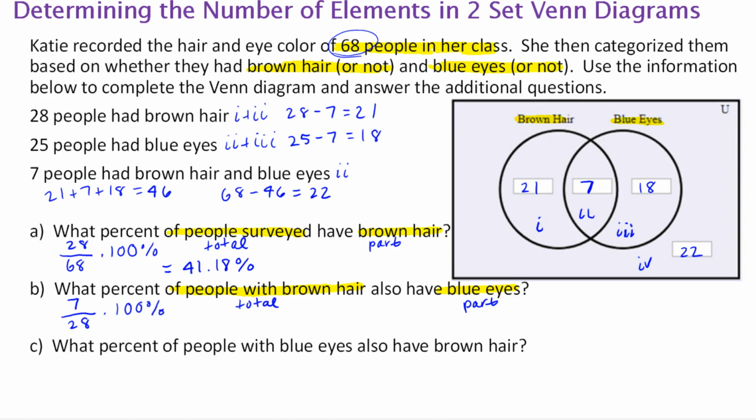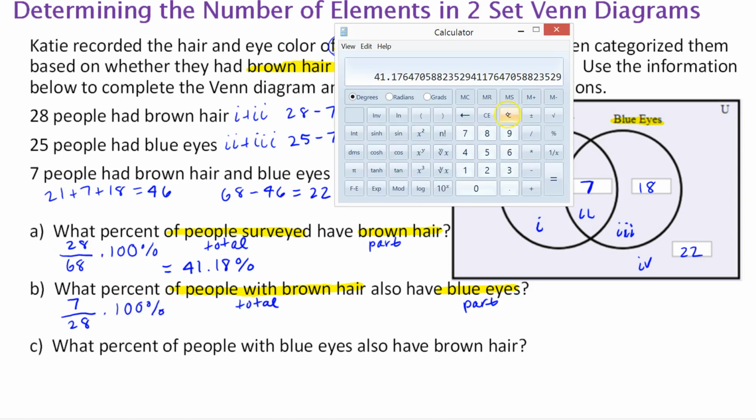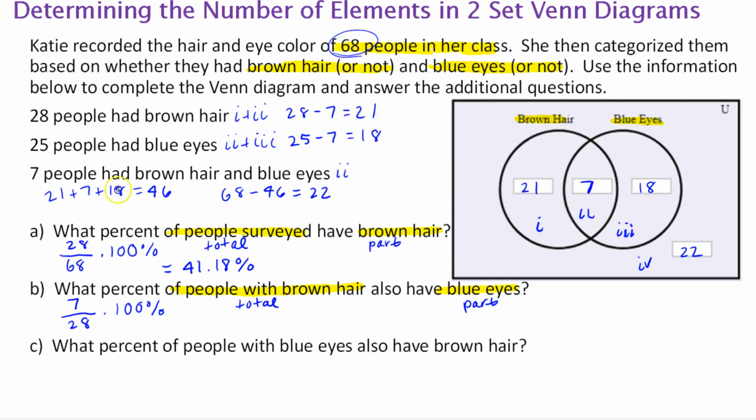I think this is 25%, but we'll do it on the calculator anyway. So 7 divided by 28 times 100 gives us 25%. So 25% of people with brown hair also have blue eyes. Now let's look at the last one.